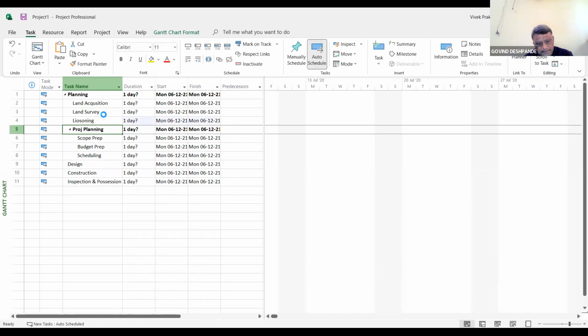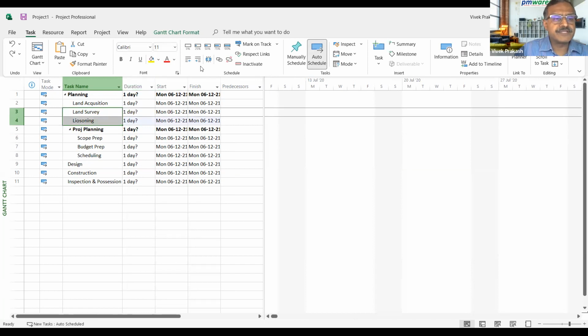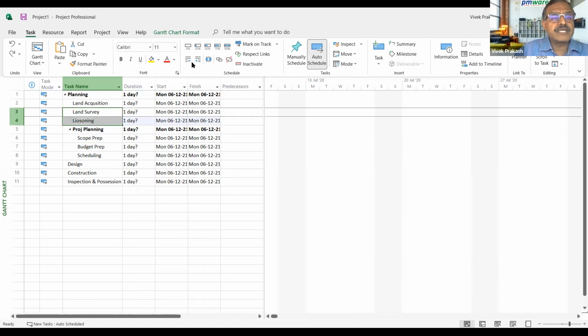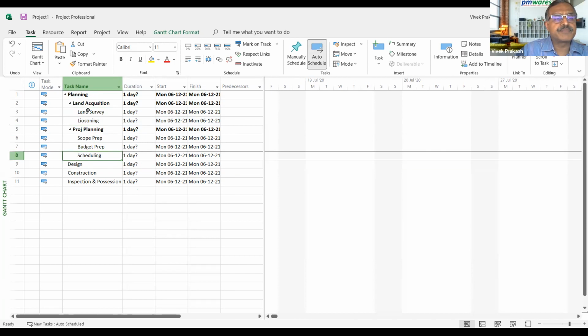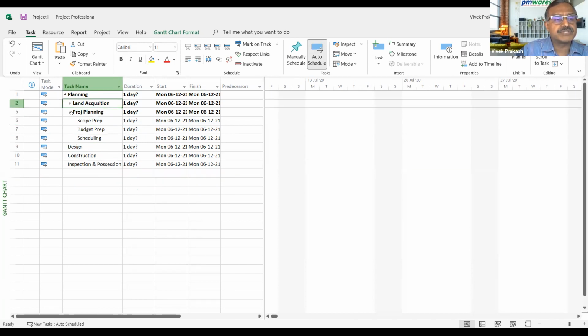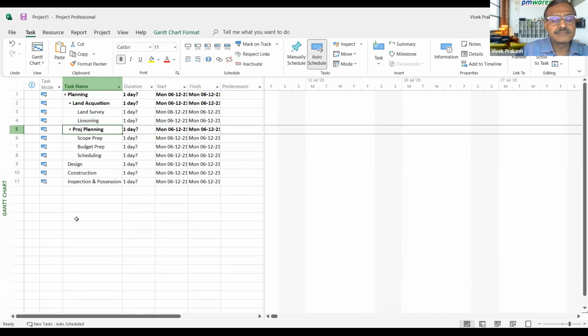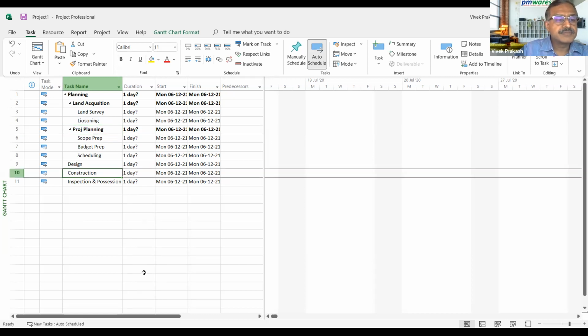Okay. So these two are part of it. So I will select these two things under land acquisition and indent them, because they become part of land acquisition. Right? Yes. Licensing. In licensing, it's taking permissions from different local bodies.